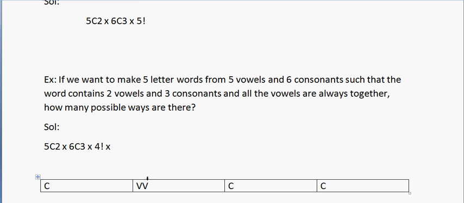And these vowels can be written as V1 and V2, or V2 and V1, right?